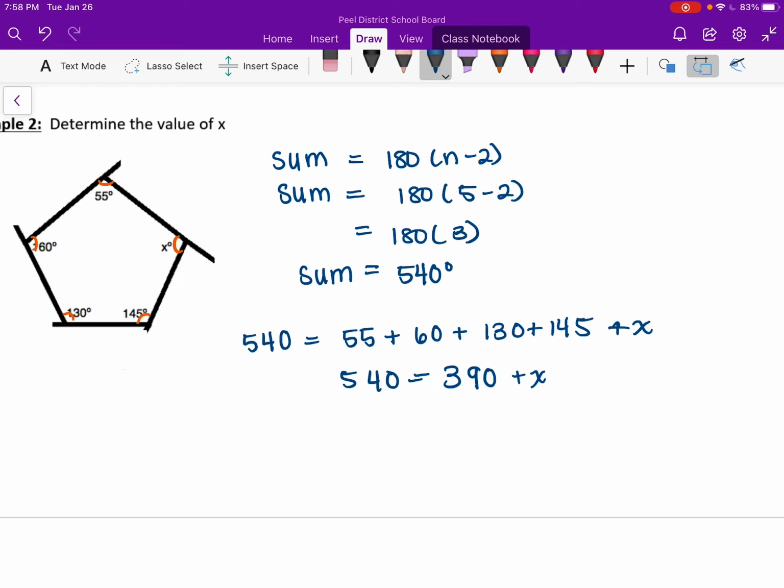I want to get the 390 on the other side, so I'm going to subtract 390 on both sides. 390 minus 390 is just going to be 0. 540 minus 390 is going to give me 150 equals x. And I know that my x is now going to be 150 degrees. So I'm going to put the degrees here too.